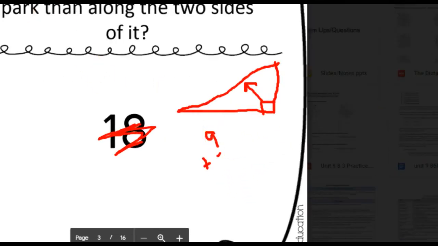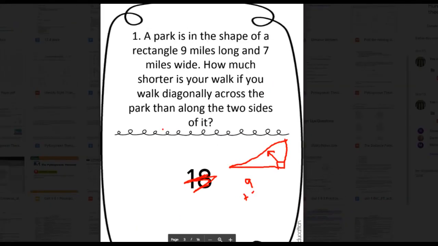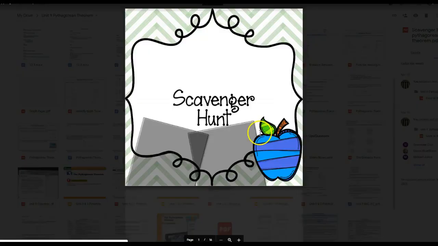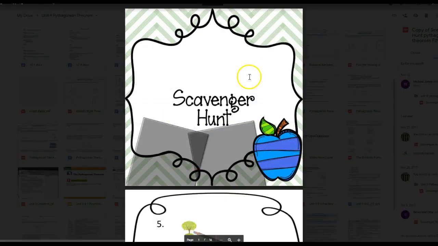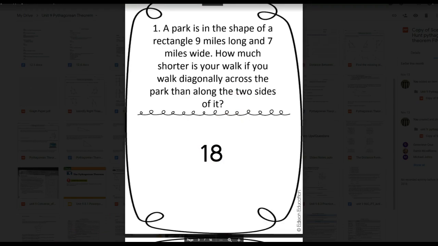Sorry for the error, but here we go. So it's 9 miles long, 7 miles wide.